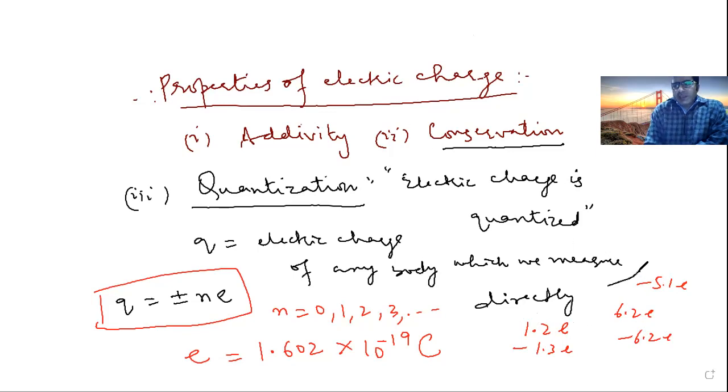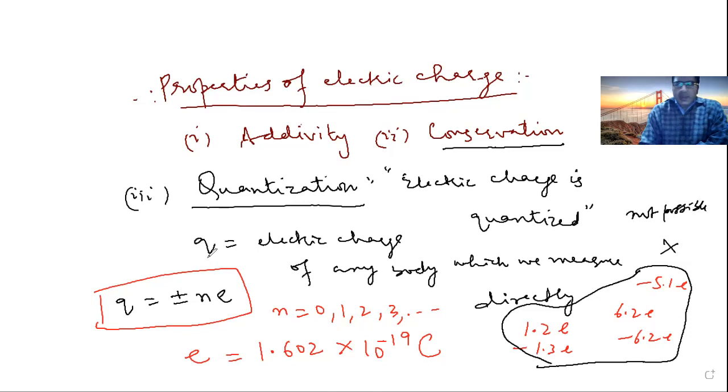That means when it has charge, the minimum possible value of charge is E, and then all higher charges are integral multiples of this particular unit. This is the meaning of quantization.